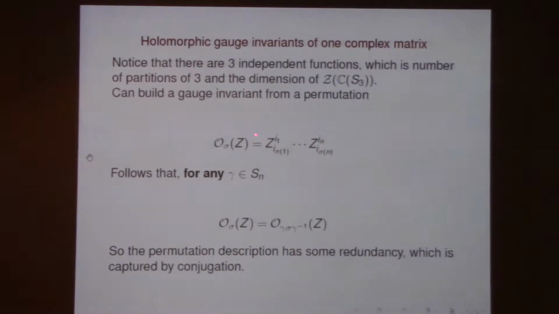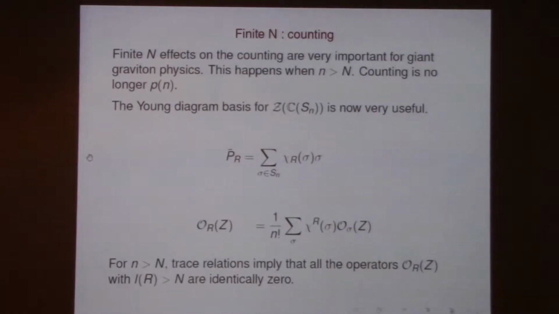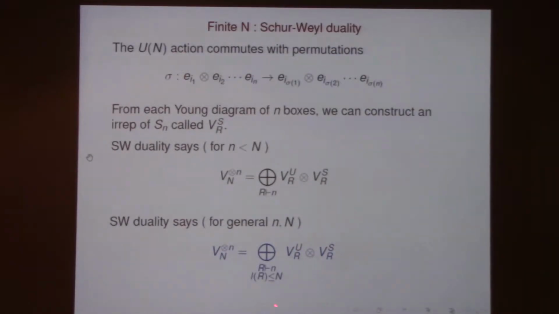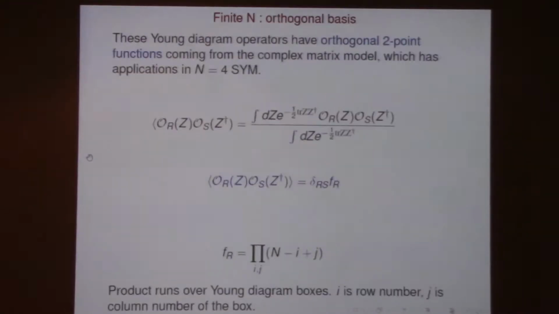Even for multi-matrices, you just encounter things like that. And this is something general about how tensor powers decompose in representations of the unitary group. And once you use the Schur-Weyl duality, there's a simple way to describe the finite n in terms of these Young diagrams.